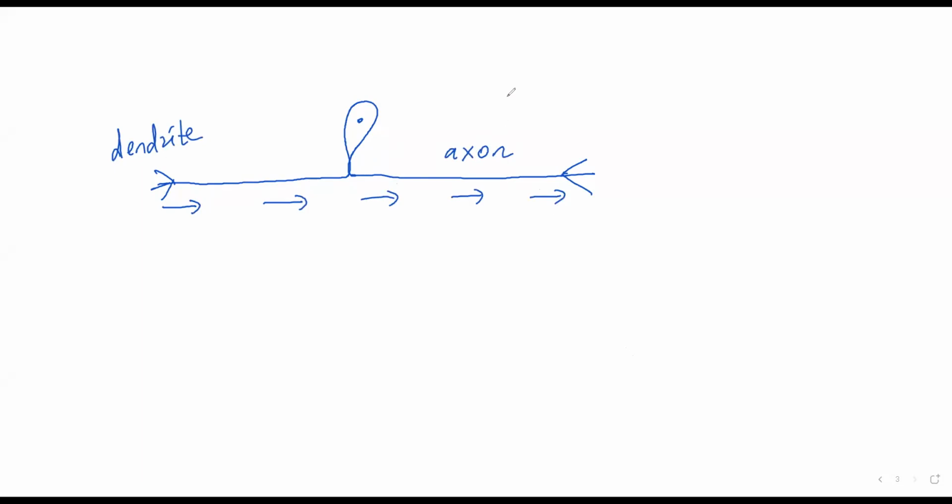In this part we will have the receptor organ, because they receive from the receptor and send it to the axon, and the axon will send it to the CNS, the central nervous system. So they are receiving the impulse from the receptor, and this impulse passes dendrite, cell body, axon, and through the axon they are sending it to the CNS.